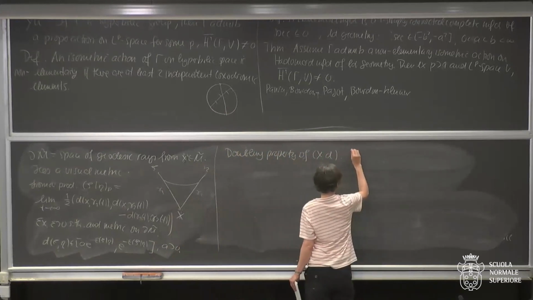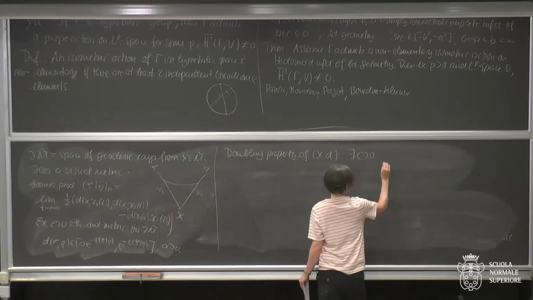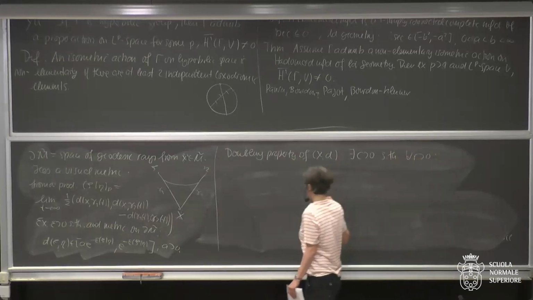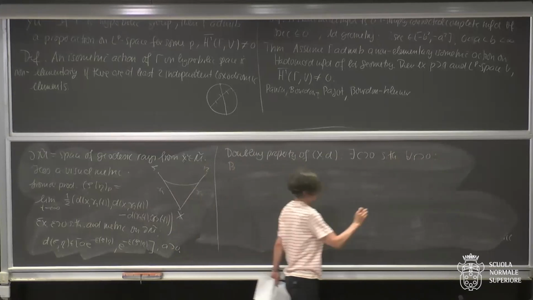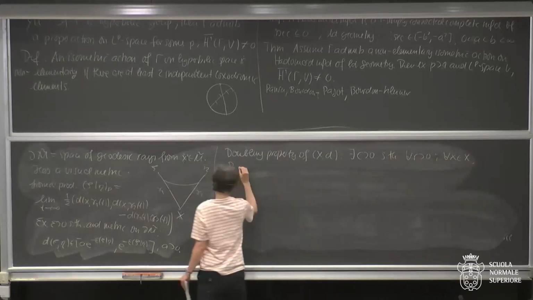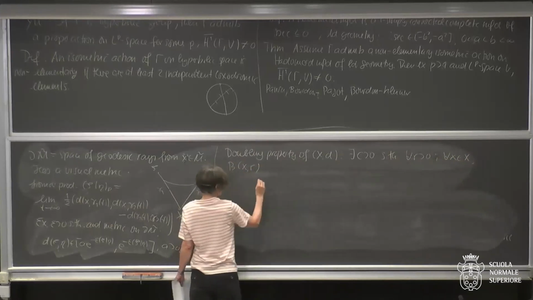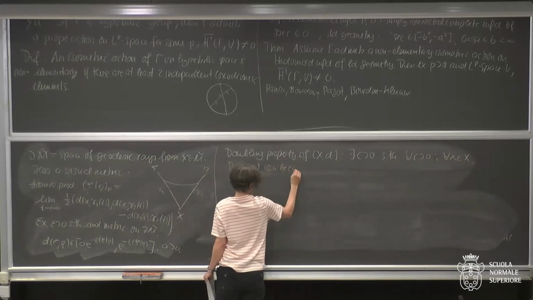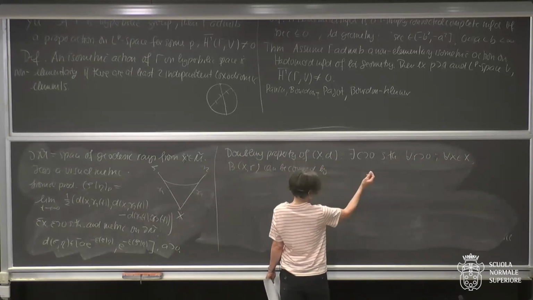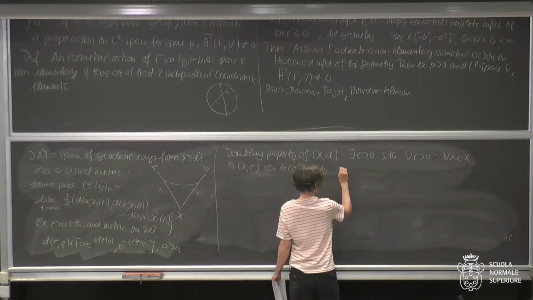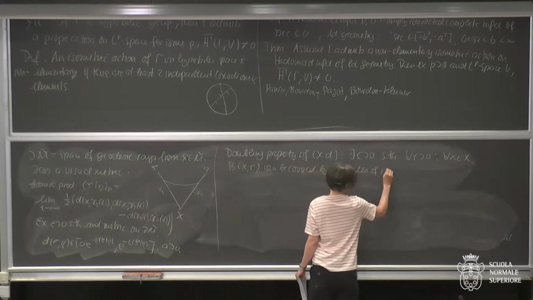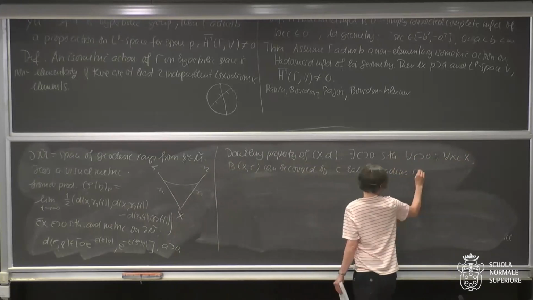It means that there exists a number C bigger than 0 such that for all R bigger than 0 and all x in X, the ball of radius R about x can be covered by C balls of radius R over 2.